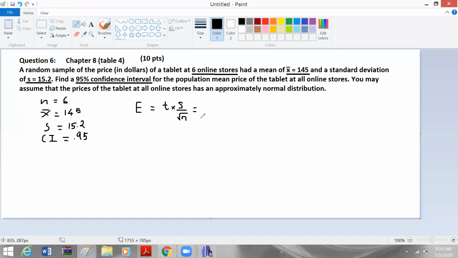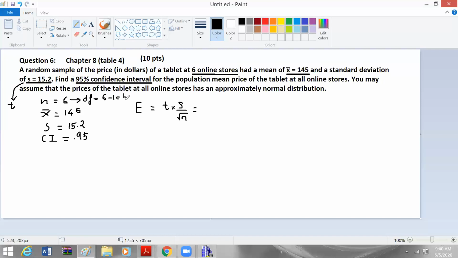So remember, when it comes to the T, we have to do the degree of freedom. Right? So the degree of freedom is n minus 1. So n minus 1 is 5. Remember that. The degree of freedom is 6 minus 1, so that'll be 5.